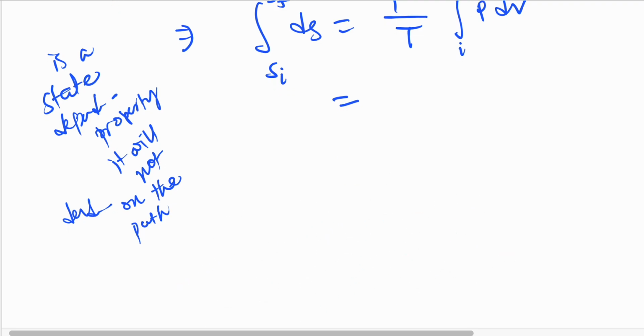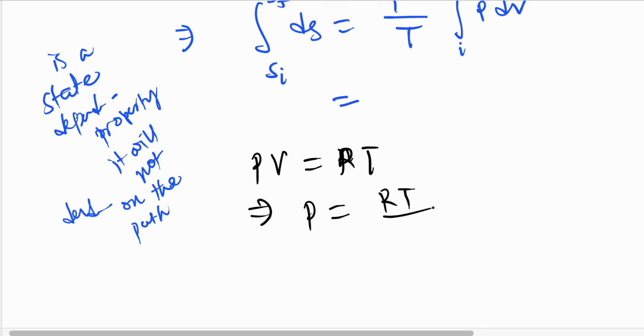Okay, let me write it like this: PV equals RT, then P is equal to RT by V, so 1 by T into the integral from V initial to V final of RT by V dV.